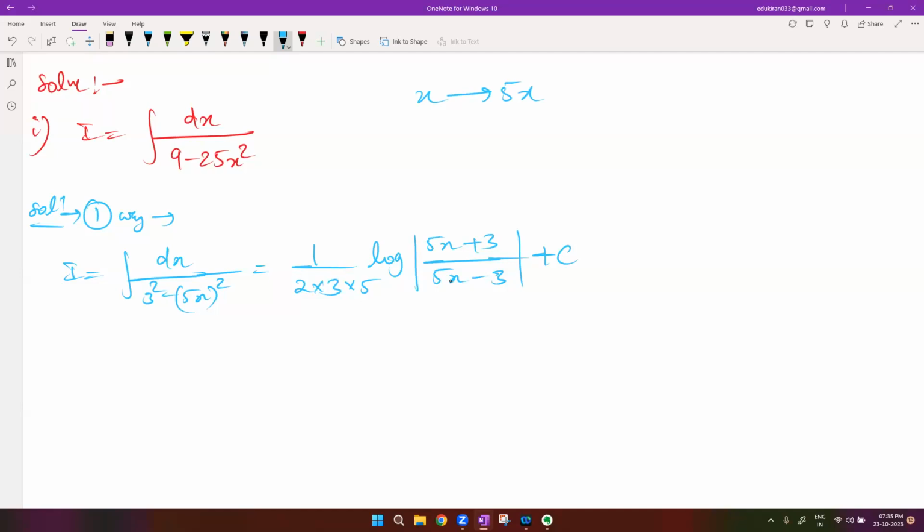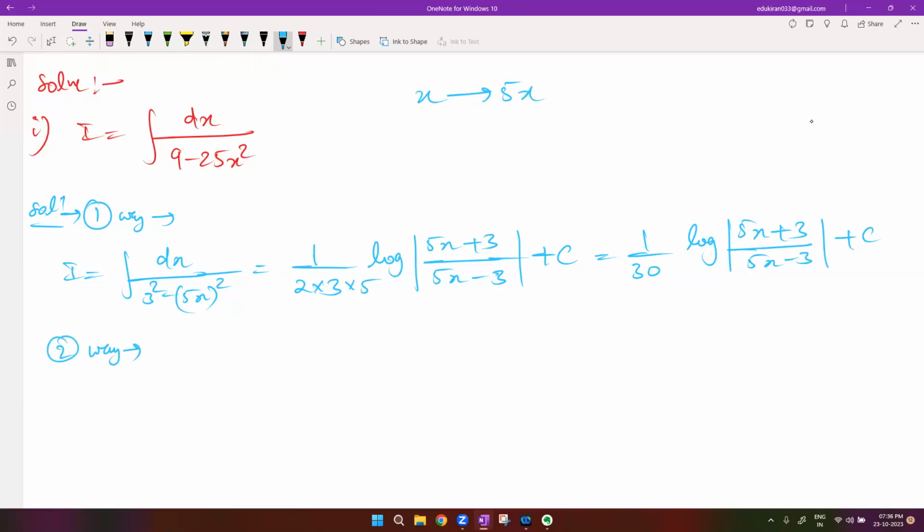So either you can go through this, which would be, I guess, 1 by 45. No, 30. And then this would be log of (5x plus 3) divided by (5x minus 3) plus c. One way to approach is this.